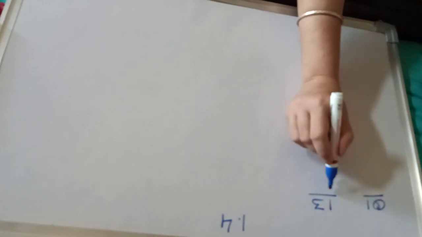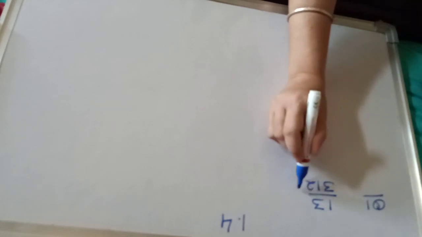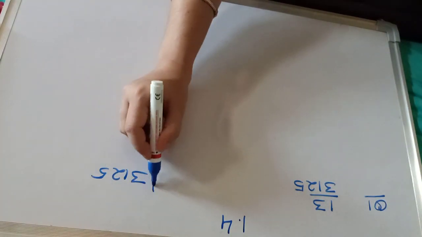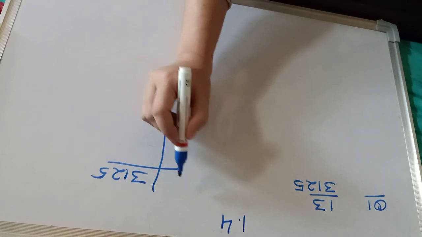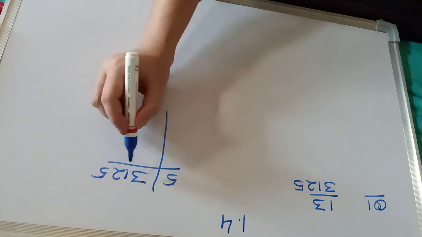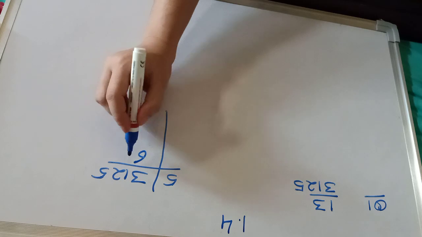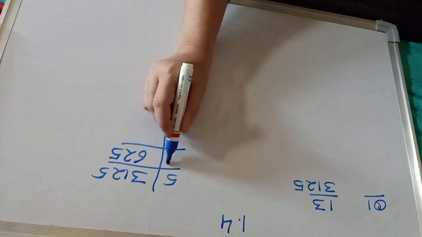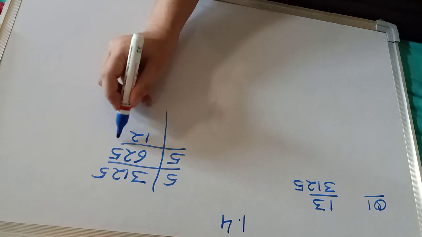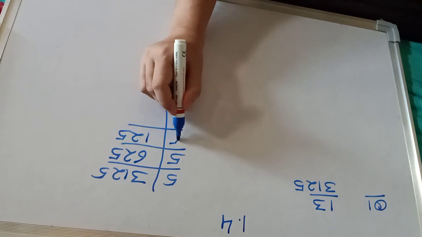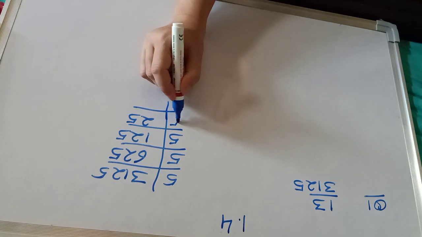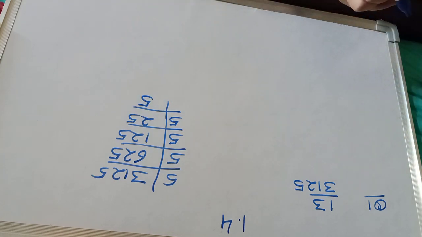13 upon 3125. So 13 is already a prime number, so we do not need to factorize it. We'll start with 3125. 5 sixes are 30, 5 twos are 10, 5 fives are 25. With 5 we'll get 625, then 125, then 25, and 5 fives are 25.